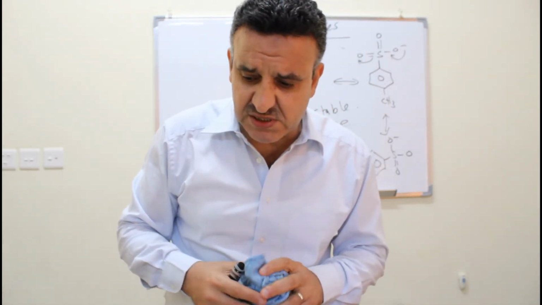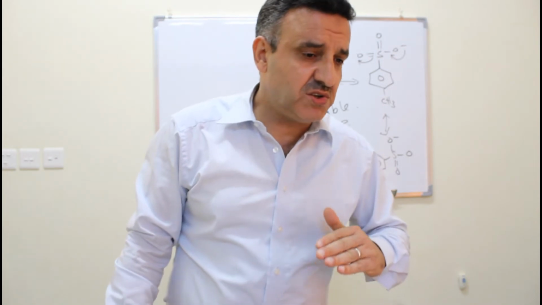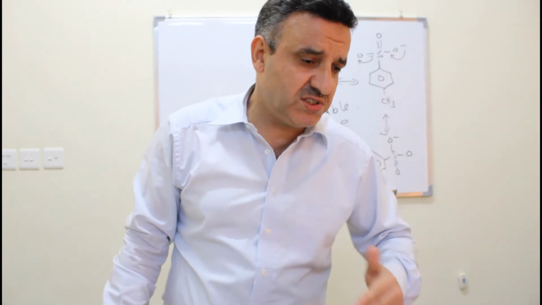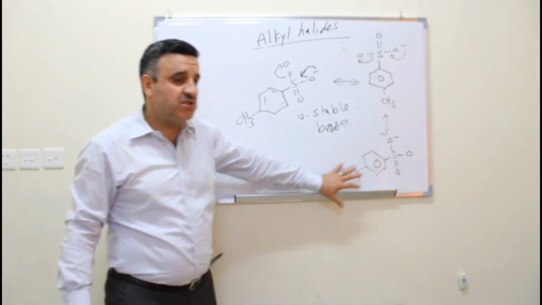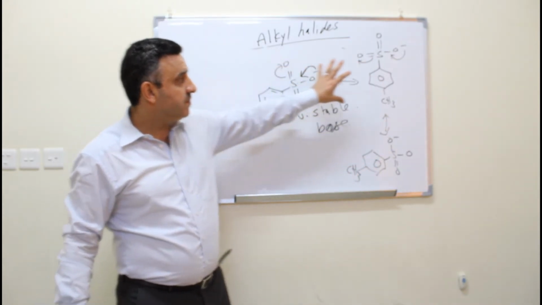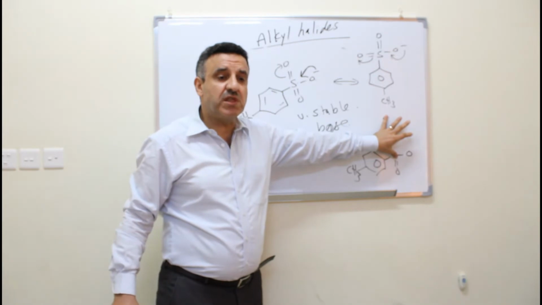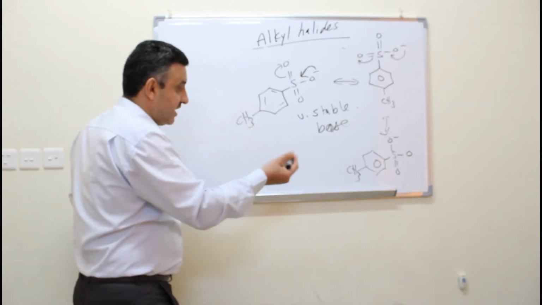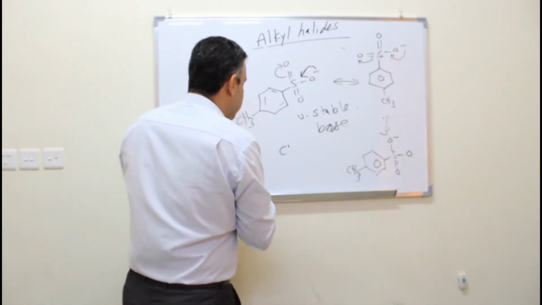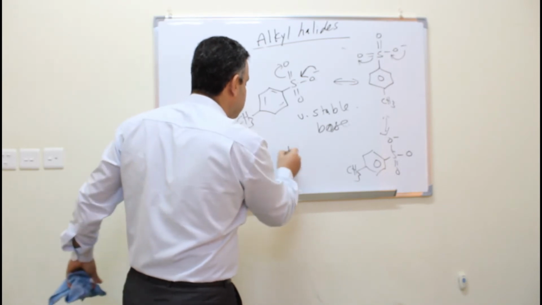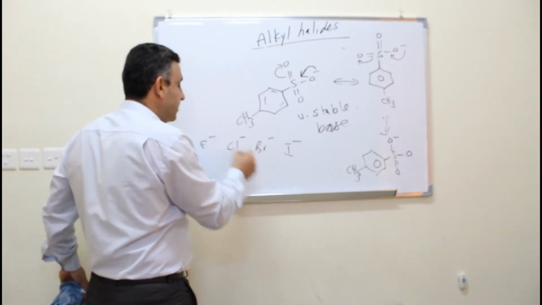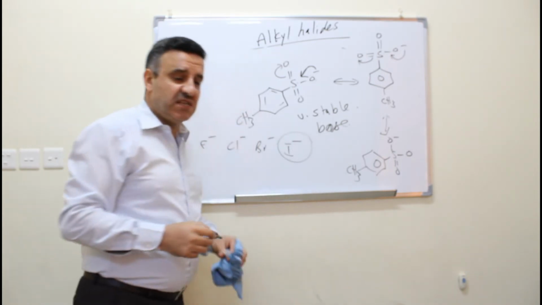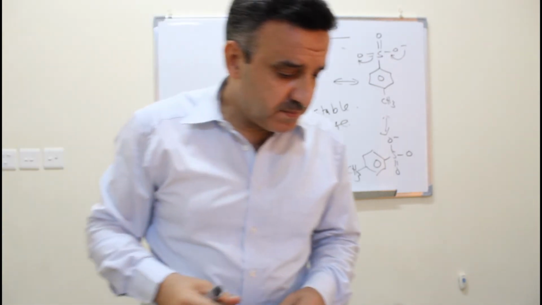Generally speaking, as we said, any charge system will be more stable if the charge is delocalized. The delocalization here is due to the resonance structures. Now, the same applies here. When you compare, for example, I minus with Br minus with Cl minus with F minus, why is this the most stable base?